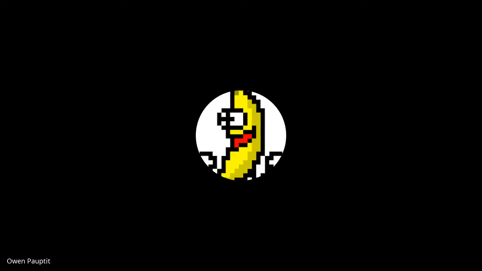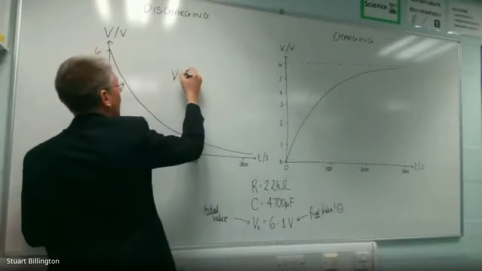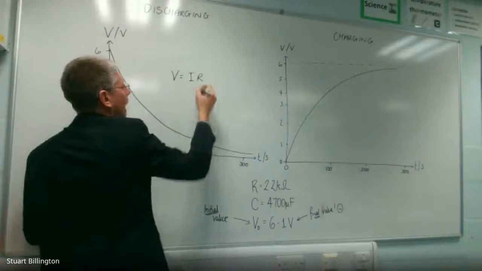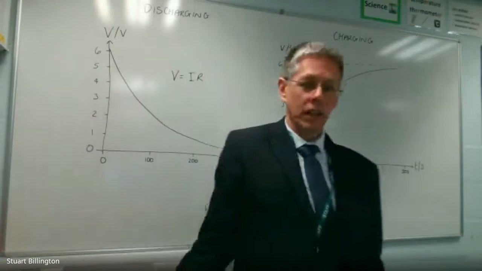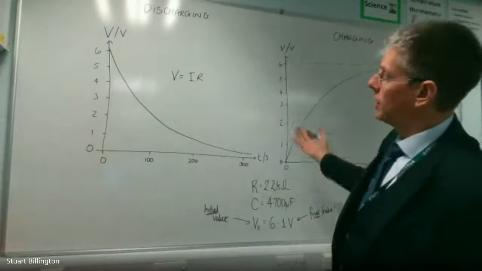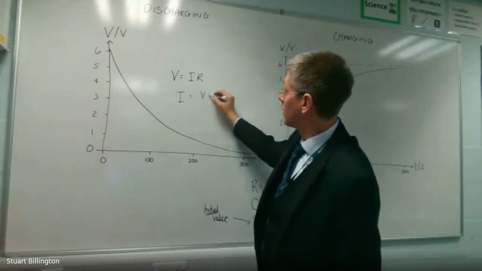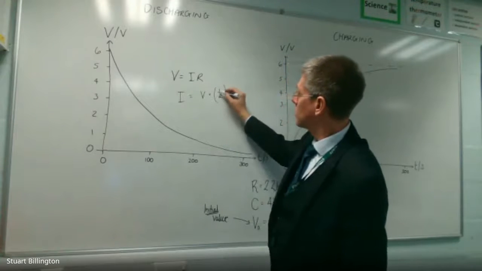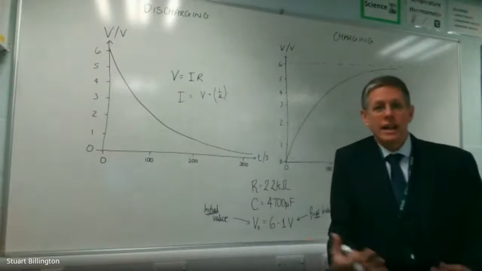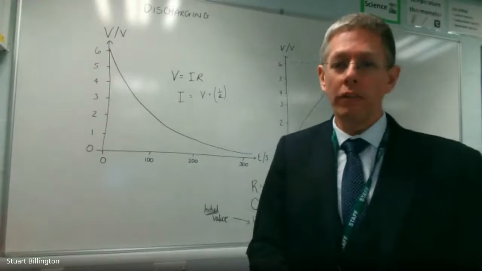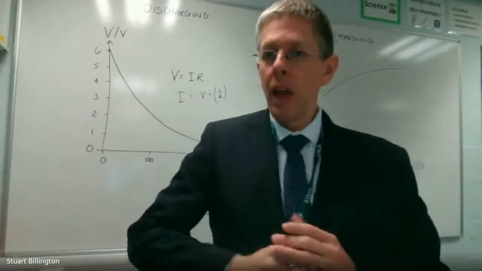V equals IR. Very good. And again, just like Q equals CV, I is just V times some number, in this case 1 over R. So again, it's just a multiple of the potential difference.